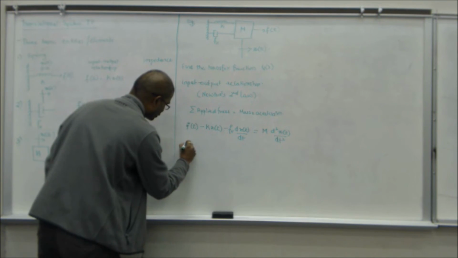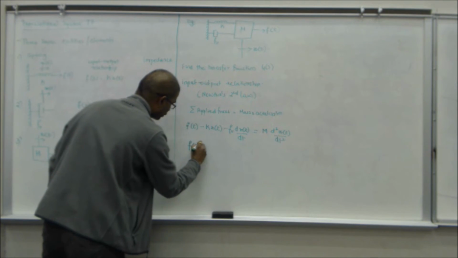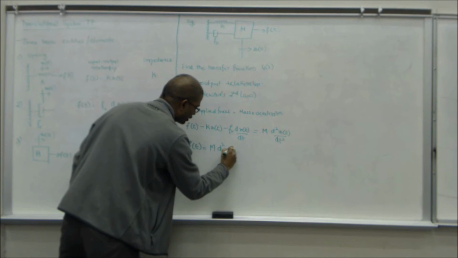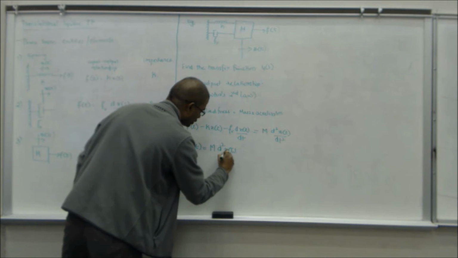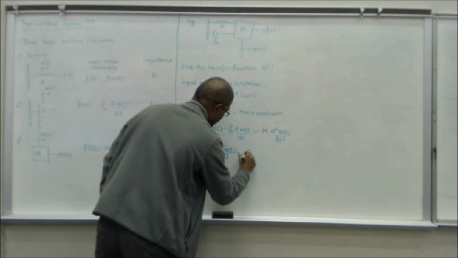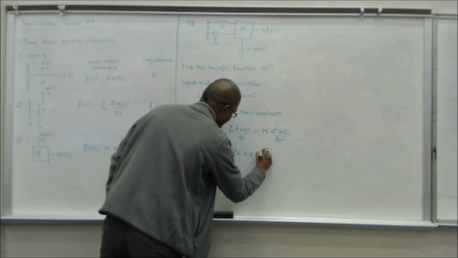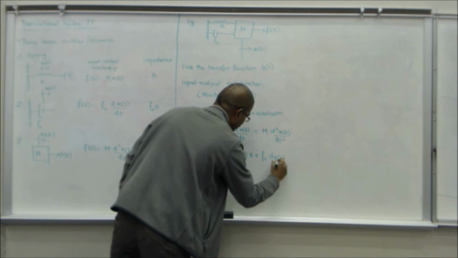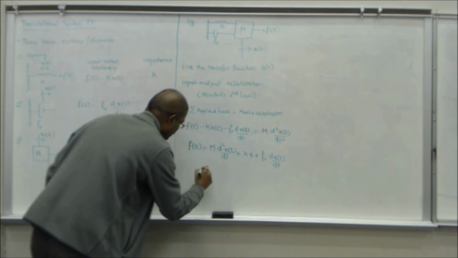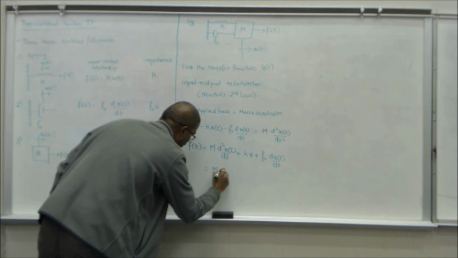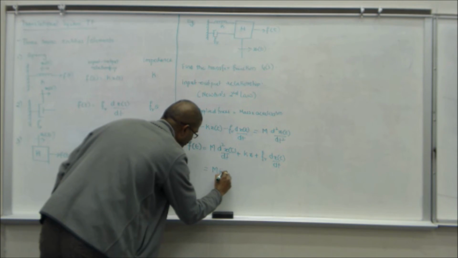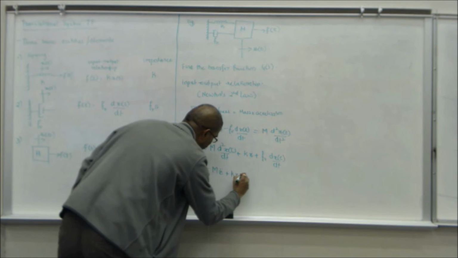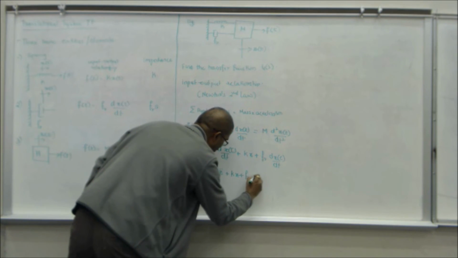To answer Melvin's question, this is what you get, Melvin. This is what you're used to: m d square x of t over dt square plus kx plus fv dx of t over dt, or m x double dot plus kx plus fv x dot.